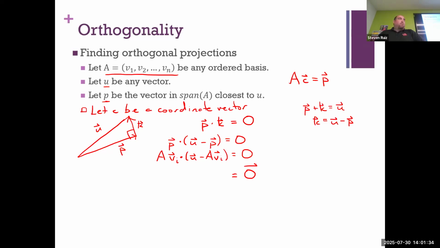But am I allowed to multiply, for example, VI times U? No. Why not? Well, I could dot them together, which is like a special way to multiply vectors. But am I allowed to multiply them in the way we multiply matrices together? No. Why not?